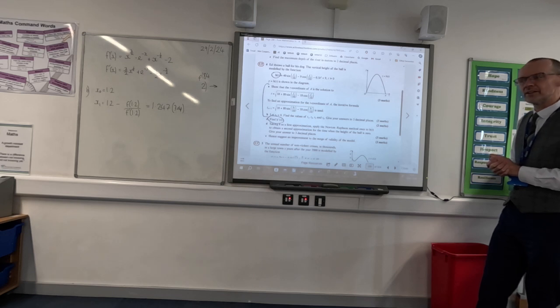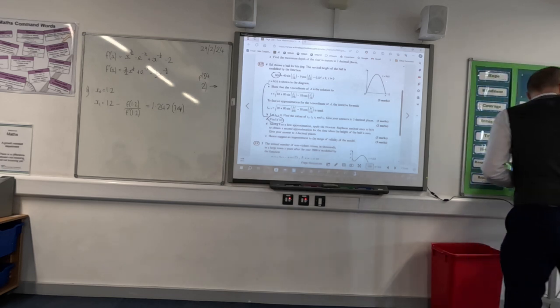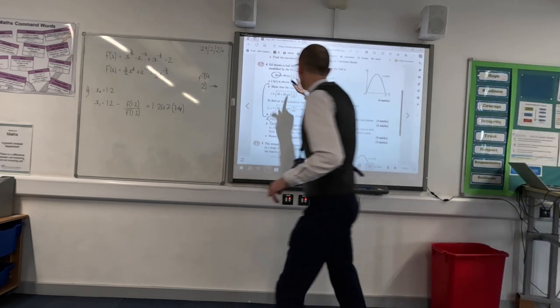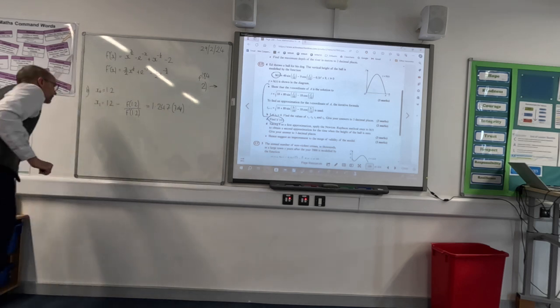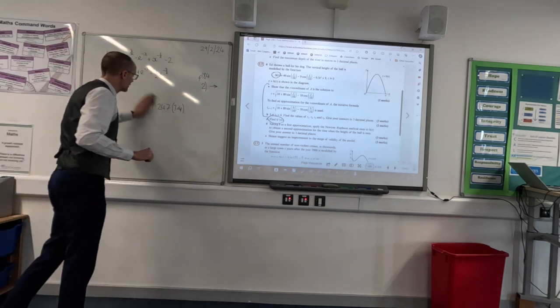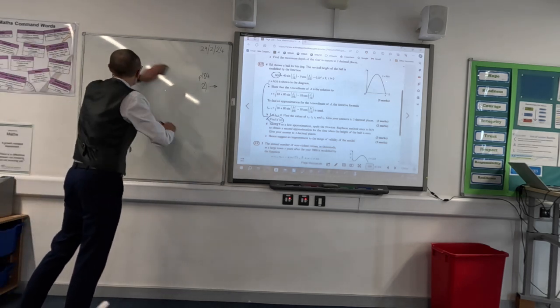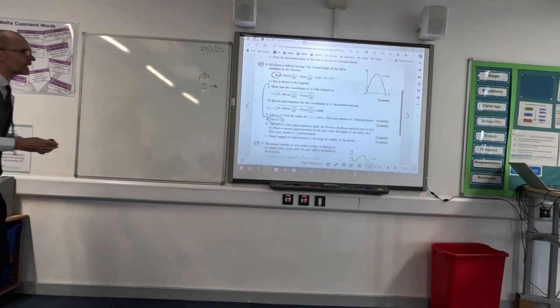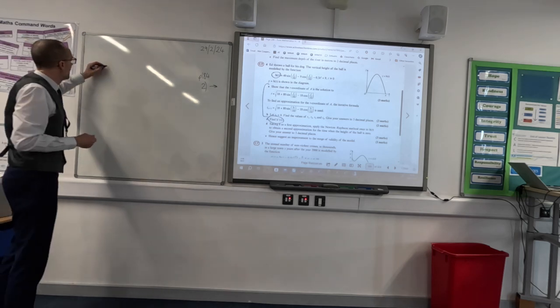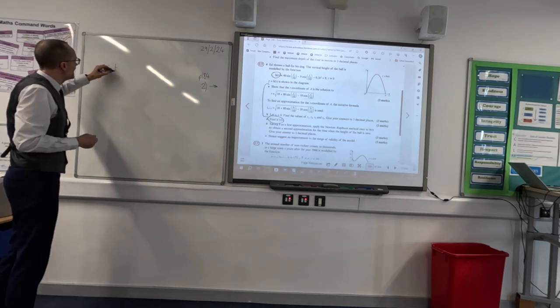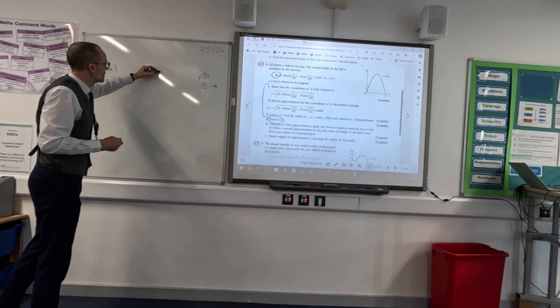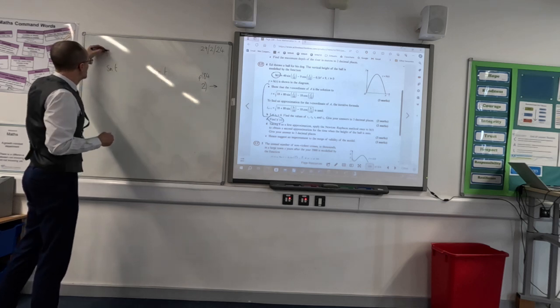It looks a bit nasty. Let's just double check that we're okay with one of the terms. If I start you off with the sine term. So we know when we differentiate sine, we get cos. So sine of t would become cos of t when we differentiate.